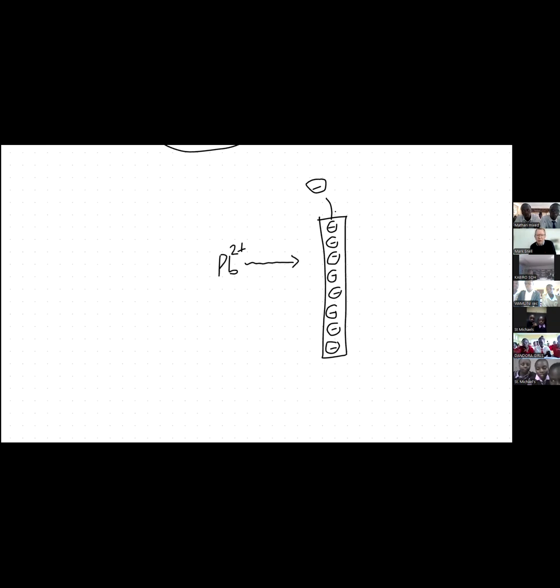When they get to it, the lead ions steal the electrons, so 1 and 2. That's the Pb2+ picking up 2 electrons and turning into lead. So the lead then falls to the bottom because it's very heavy.